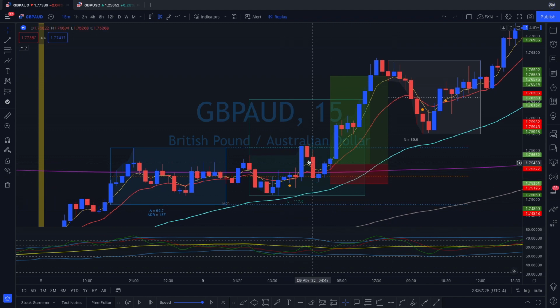Now, the reason that our entry was not here and we had to wait for this to happen is because I do not take any kind of type 3 patterns that come out of the middle of the range. For me, they have to go to the top or to the bottom and then get rejected by the middle.